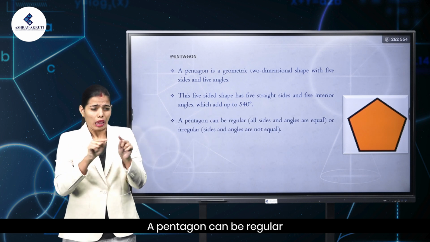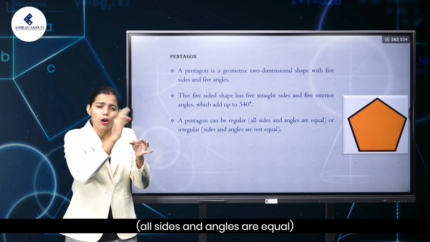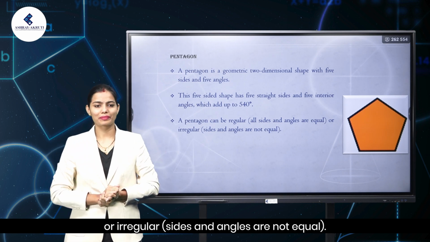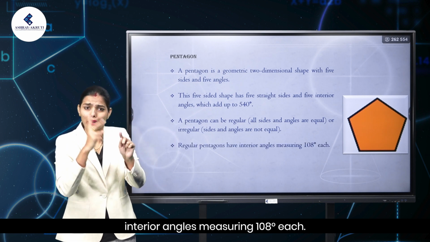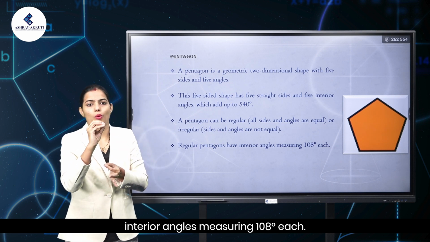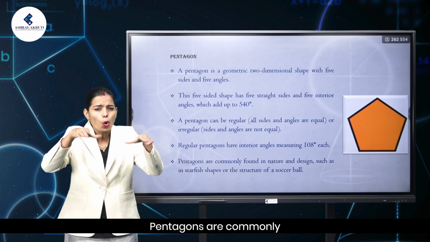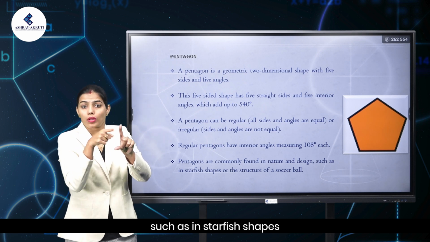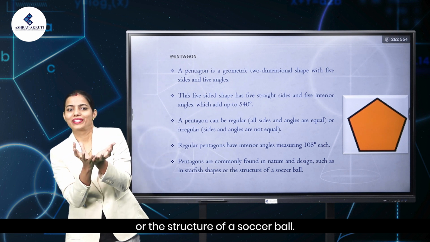A pentagon can be regular, all sides and angles are equal, or irregular, sides and angles are not equal. Regular pentagons have interior angles measuring 108 degrees each. Pentagons are commonly found in nature and design, such as in starfish shapes or the structure of a soccer ball.